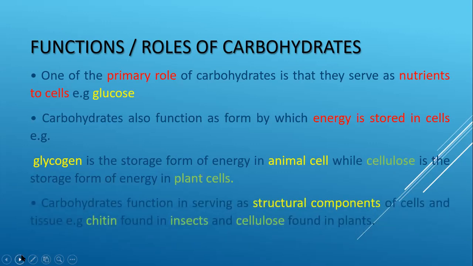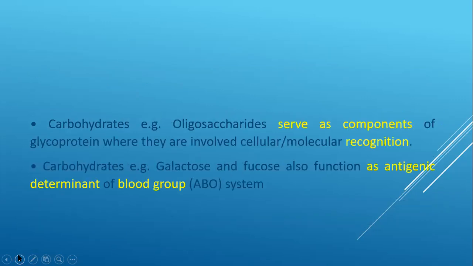Carbohydrate also serves as a structural component of cells. You must have heard of the word chitin. Chitin is found in insects, and then cellulose is found in plants. That's why when you try to kill an ant, you see that thick, hard covering on it.